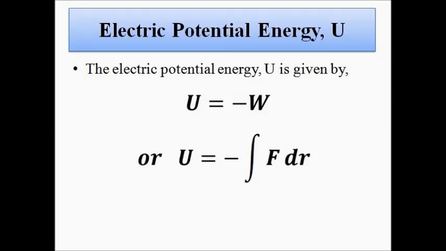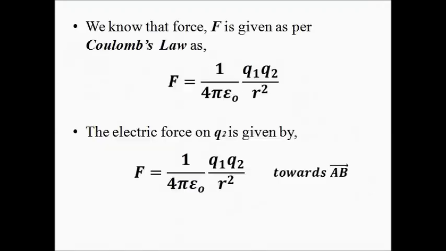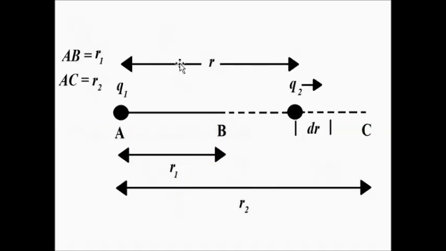We know that the Coulombic force between the two charges is given by Coulomb's law, which is 1 by 4 pi epsilon 0 q1 q2 by r square. I've already posted a video related to the basic concepts associated with Coulomb's law. You please check out that video. Here the electric force acting on Q2 is 1 by 4 pi epsilon 0 Q1 Q2 by R square, the general expression, where R is the displacement, which is continuously changing.